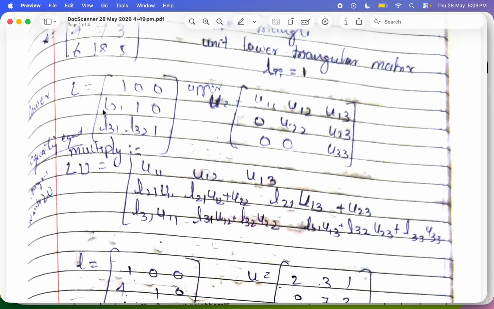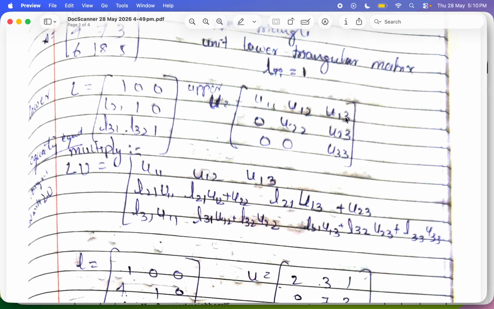Okay, second row with the first column, when you do L21 into u11 and the other value will be 0, so the multiplication will be 0, so considering only the first multiplier. Then the second value will be L21 into u12 and L22 into u22, so 1 into u22, that is u22.